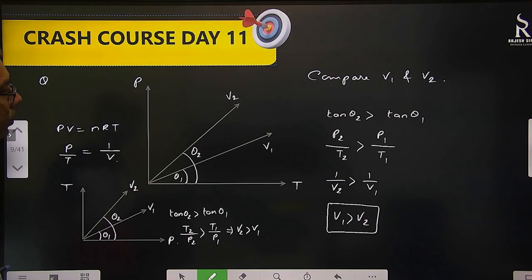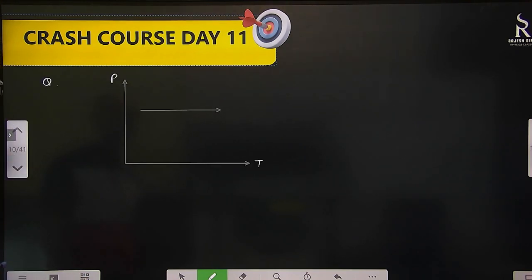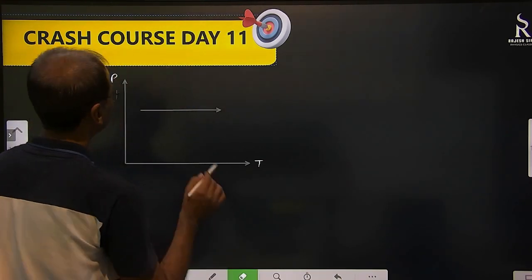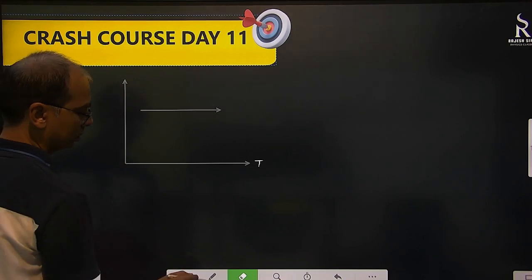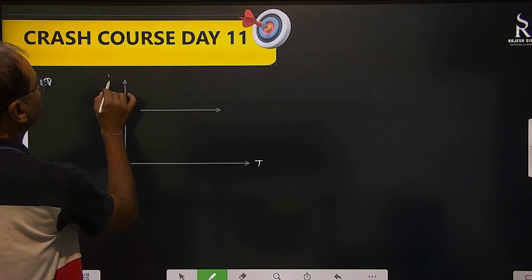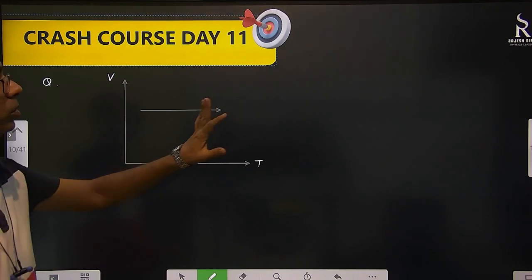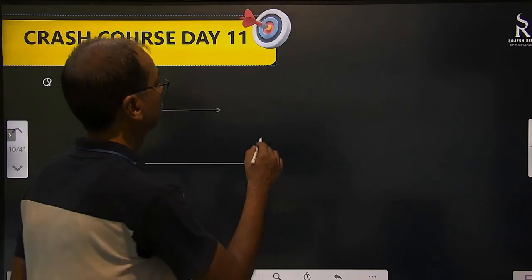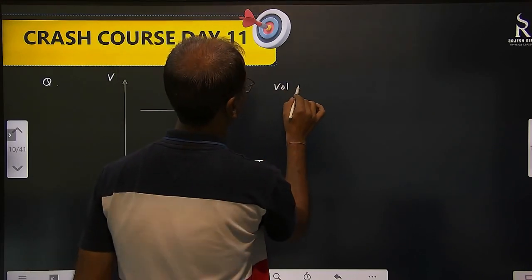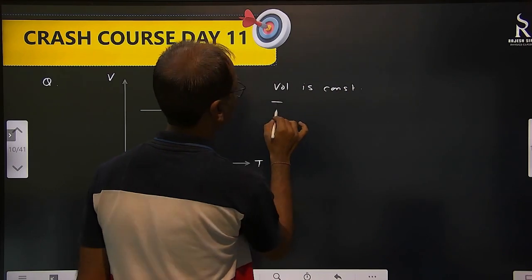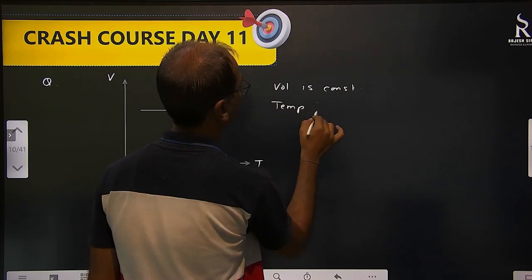Okay, then, what is this? Again a PT graph. No, it will be a VT graph. So this is a VT graph. What does it say? Volume is constant. Temperature going up.